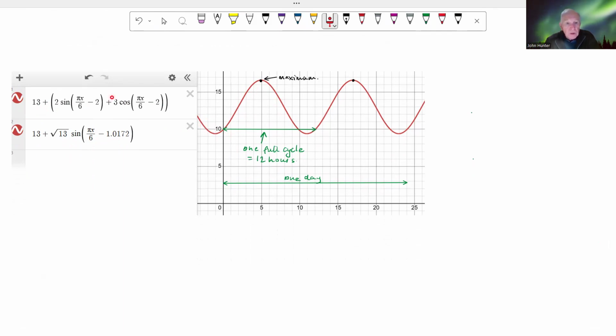That demonstrates that this really is a reform of the first function. We can see from here that the full cycle is indeed 12 hours. Here we've got our maximum, just at the time of the answer. And then we've got another one down here, which is within our one day, but later on in the afternoon.